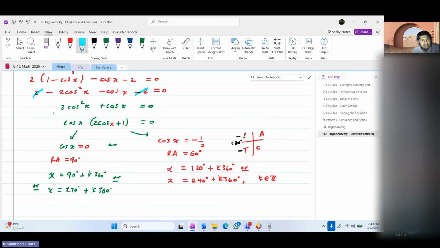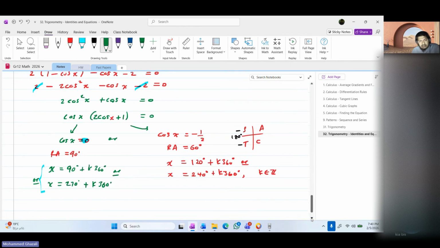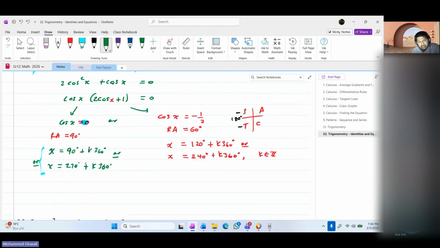But I think you see in this case, we can combine them because it's saying it's 0. If you're using trig graphs, then you can just combine them, because every 180 degrees you will get a 0. So you can just write x is equal to 90 degrees plus 180 degrees K. But if you don't want to write this, you can just use a CAST diagram.